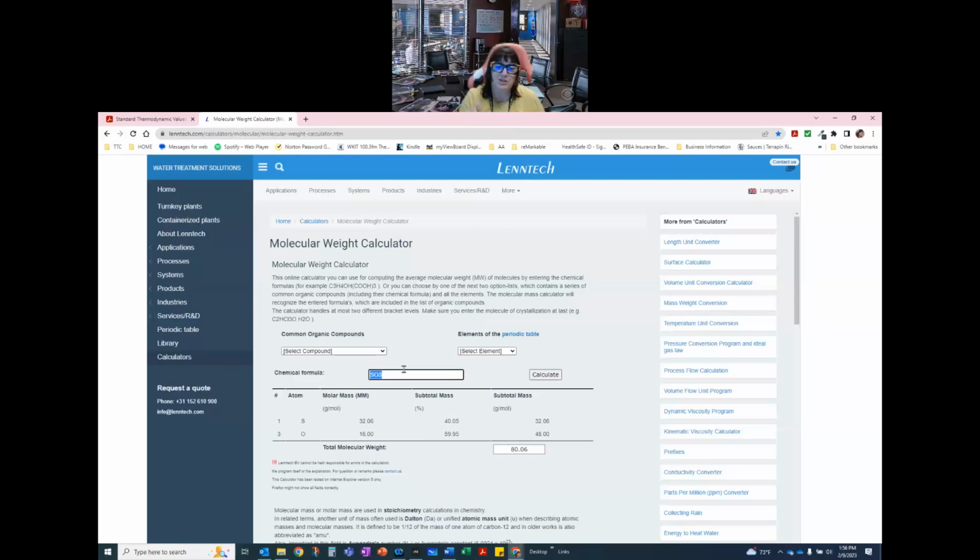If I only want to make one, I'd have to divide that by 2, which is why the 2 goes on the bottom. Awesome. 44.624 divided by 80.06 times negative 198.2 divided by 2. And that gives me negative 55.2 kilojoules.